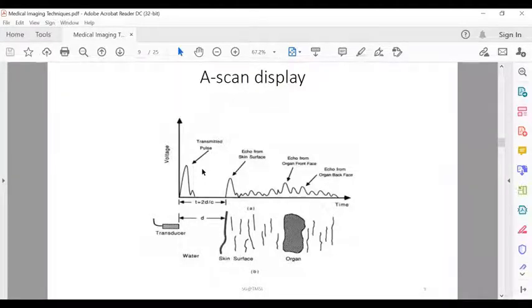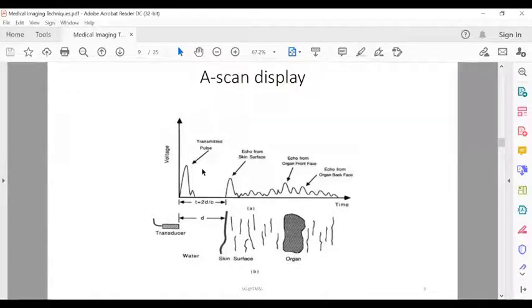of an oscilloscope. The transmitted pulses and echoes are displayed as vertical deflections on the trace. The A mode is the simplest form of ultrasound imaging, which is based on the pulse echo principle.